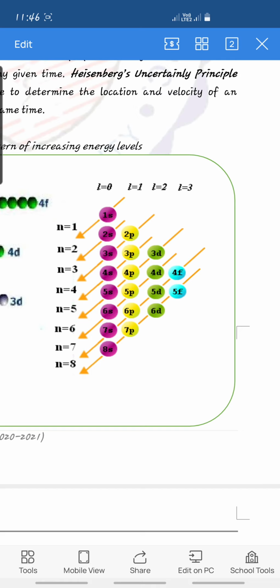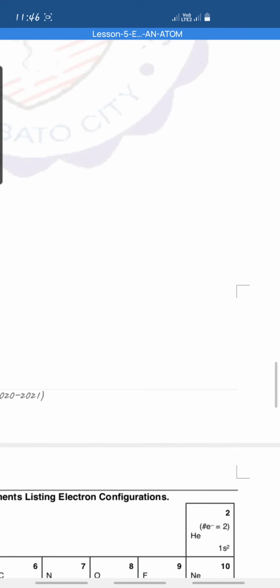So the electronic configuration for bromine is 1s2, 2s2, 2p6, 3s2, 3p6, 4s2, 3d10, and 4p5. So always follow the pattern. Yan.